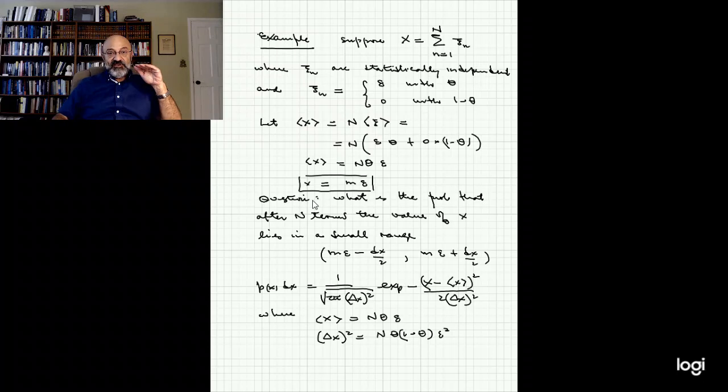So this is now you see why it is that the Gaussian distribution is going to be so universally common.